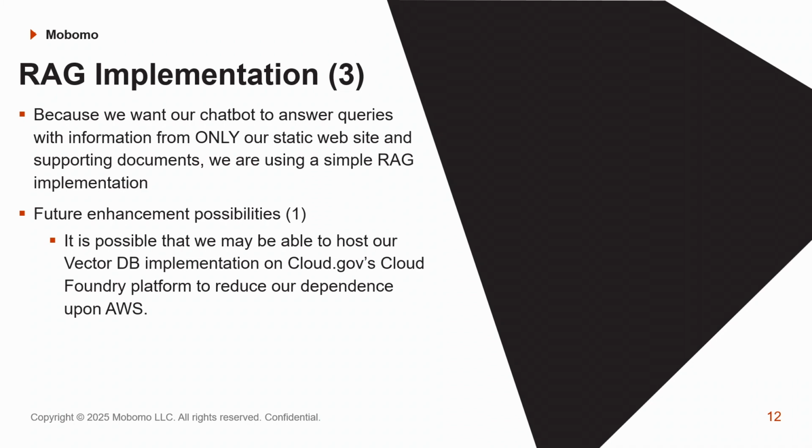we could offload that part, and then we could ditch AWS altogether, because cloud.gov, or Cloud Foundry, where we're running the rest of our stuff, has excellent RDS capabilities, right? We're running our Drupal CMS on their RDS. So we could switch from ChromaDB to PG Vector, which is a PostgreSQL version of a vector database, perfectly capable of handling production loads.